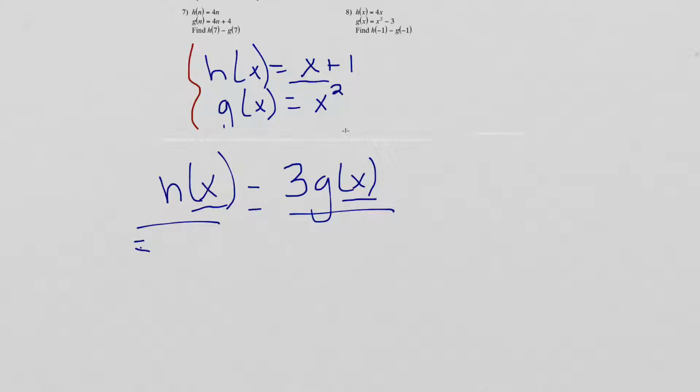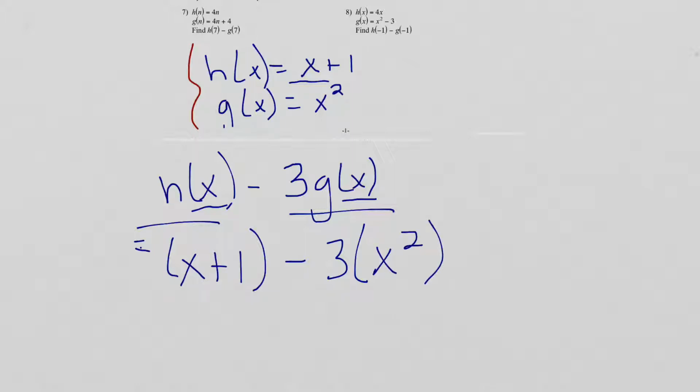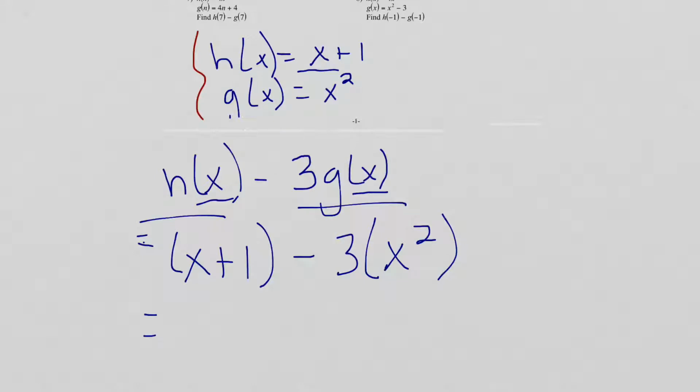Okay, so let's take a look and see what that appears as. Well, h of x, the instructions are x plus 1. And let's get rid of that line, it's a bit confusing. All right, and we're supposed to subtract 3 times whatever g of x is, which is just x squared. Okay. So as we move from there, well, x plus 1 and minus 3 times x squared is minus 3x squared.